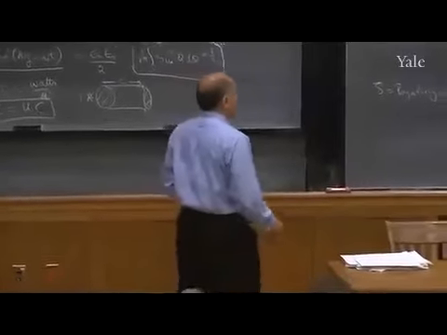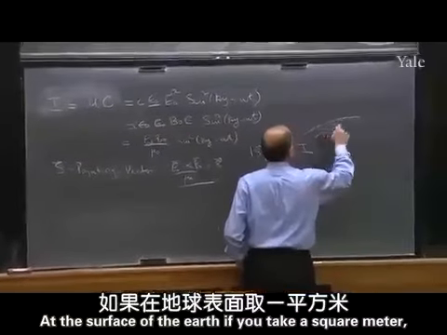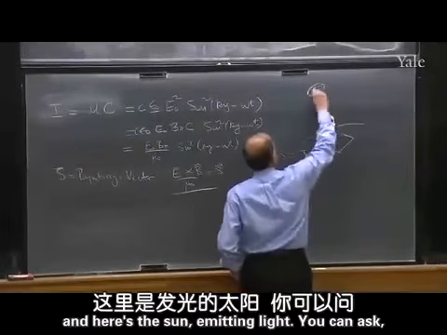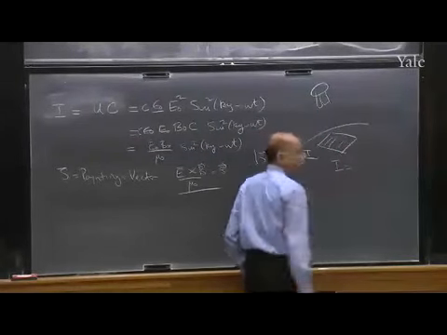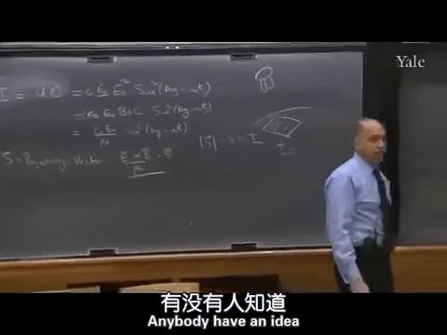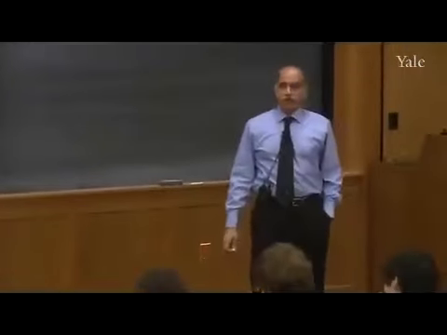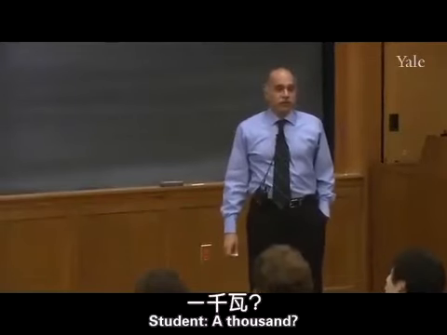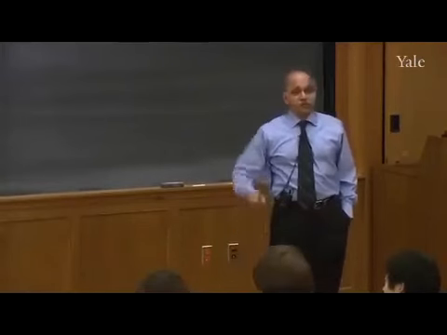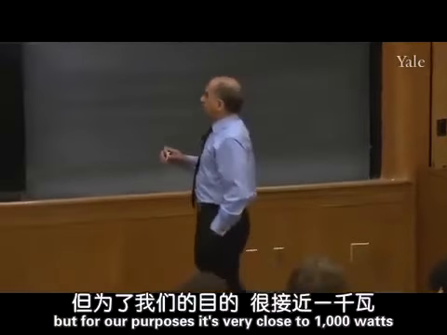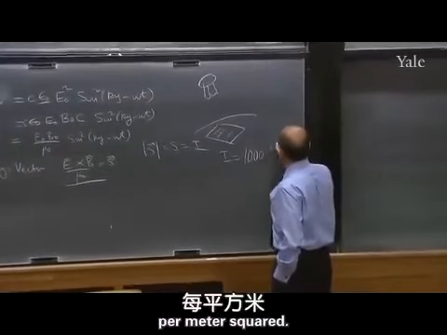So here's one example. At the surface of the Earth, if you take a square meter, and here's the sun emitting light, you can ask, what is the intensity of sunlight? Anybody have an idea? How many watts per square meter from the sun? 1,000? Yes, very close to 1,000. I think there are some other numbers, but for our purposes, it's very close to 1,000 watts per meter square.